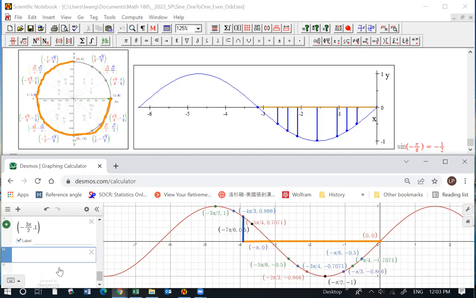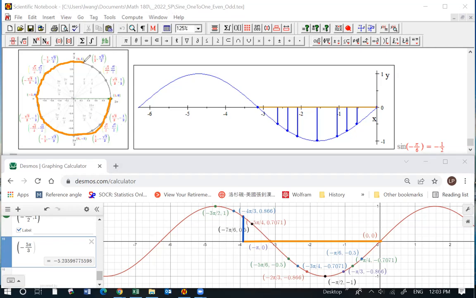So next one. The next one will be -5π/3, okay? -5π/3, and what is that ratio? The blue number, right? So it keeps going.